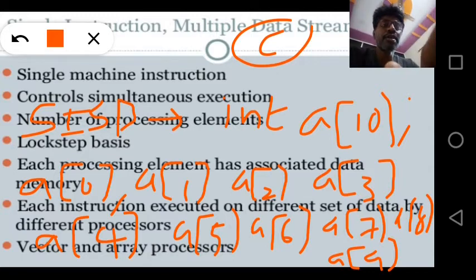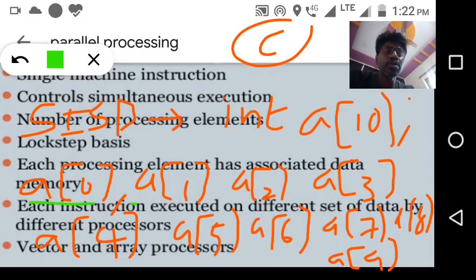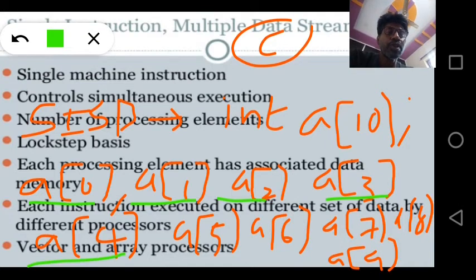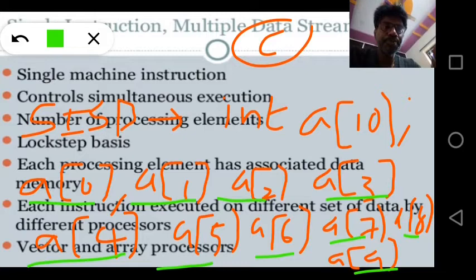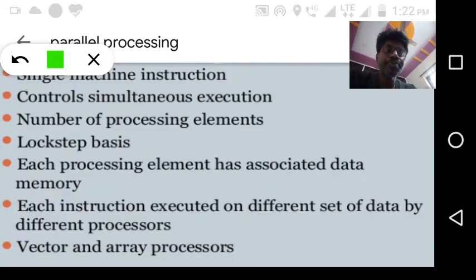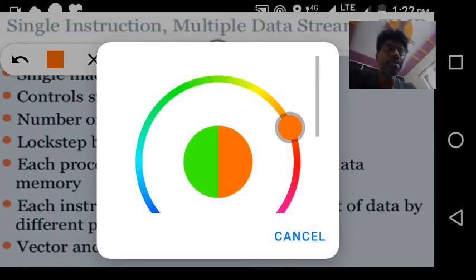Total 10 elements. If you want, you can refer to them as 1, 2, 3, 4, 5, 6, 7, 8, 9 and 10 elements. So I am declaring an array.